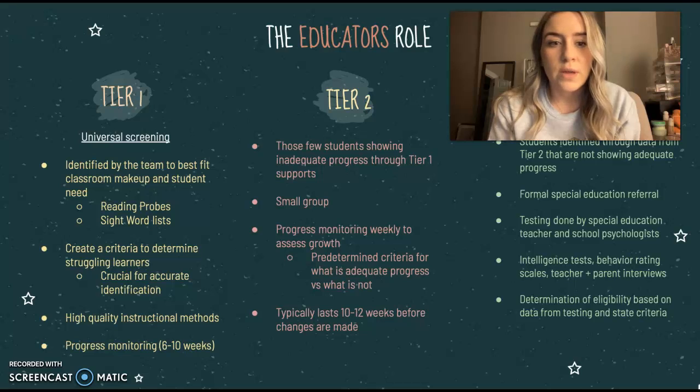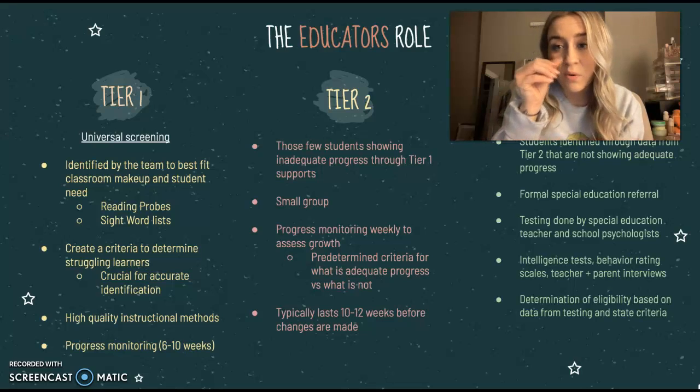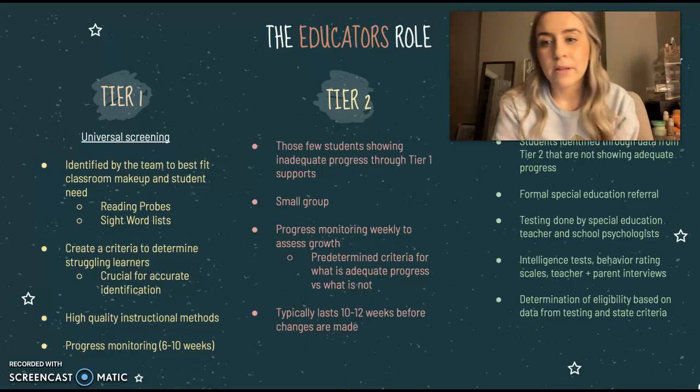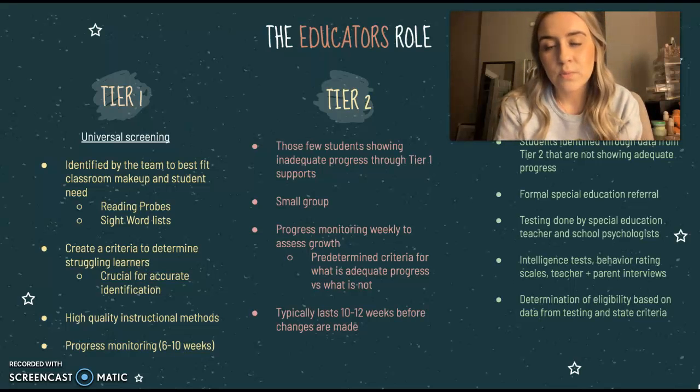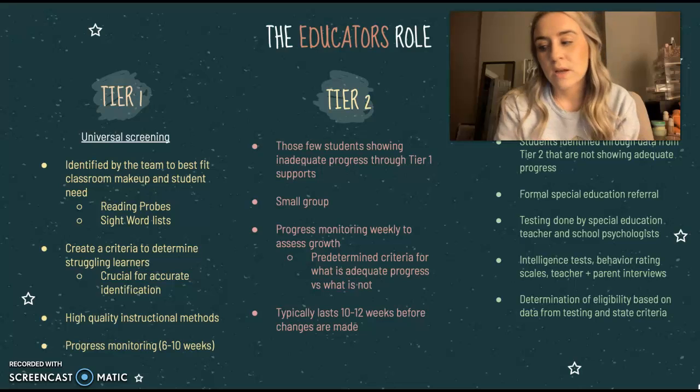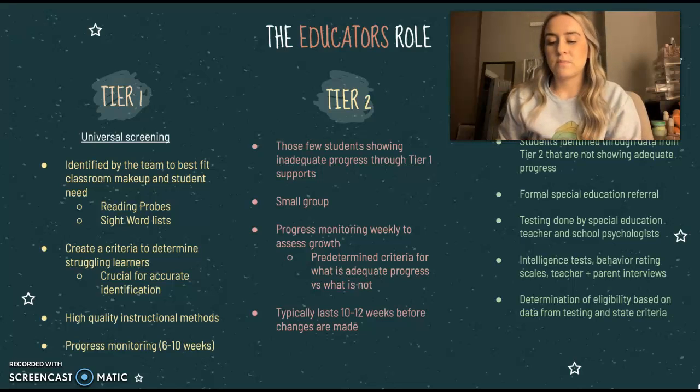That team would also then create a criteria to determine what they would classify as struggling learners. This is important for accurately identifying students that would move to the Tier 2 supports, mainly because you want to set an achievable criteria.